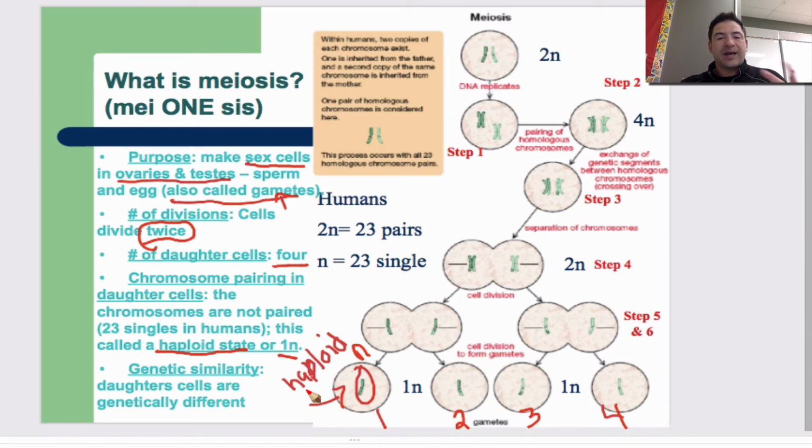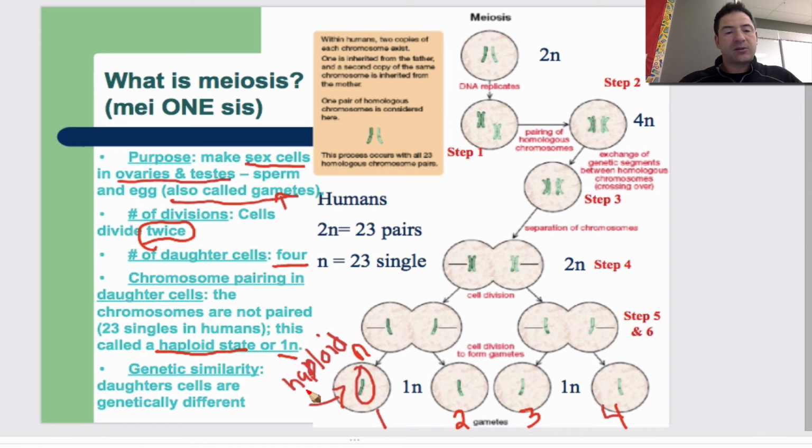Meiosis is in the haploid state because there are no pairs of chromosomes. Mitosis is in a diploid state because there are pairs. In the body, we have 23 pairs of chromosomes for a total of 46. The diploid state would be 46. The haploid state would be 23.